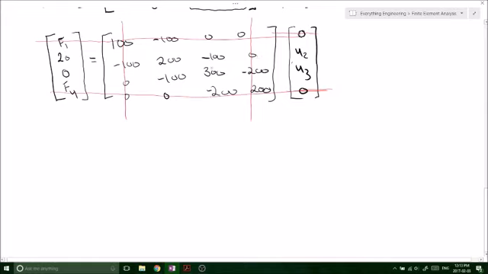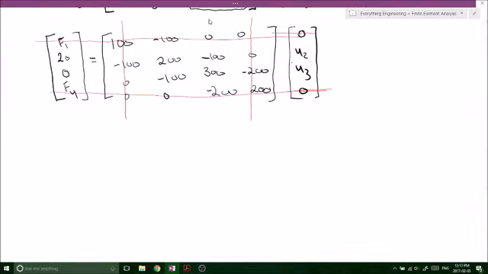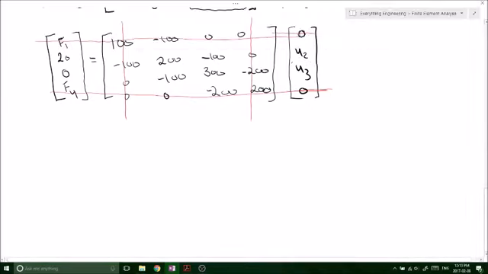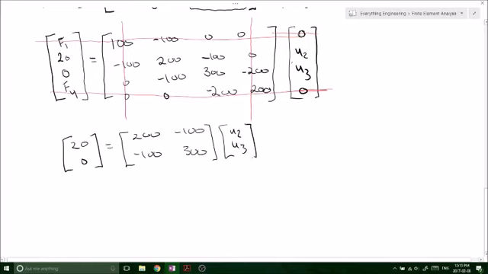This is a property of matrices, such that we can still solve for the unknown components and reduce it down to a 2 by 2 matrix, or however many zeros you have, you can reduce it down to a 3 by 3 or a 2 by 2 or whatever. So now we can rewrite this, and we see that we just have 2 unknowns and 2 equations.